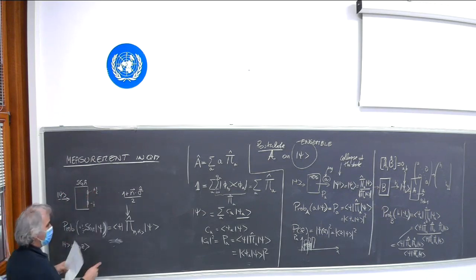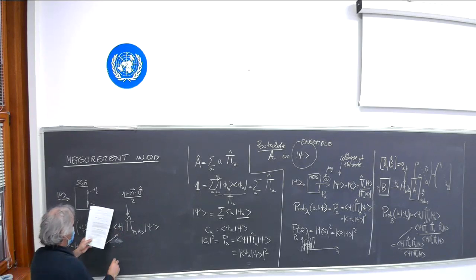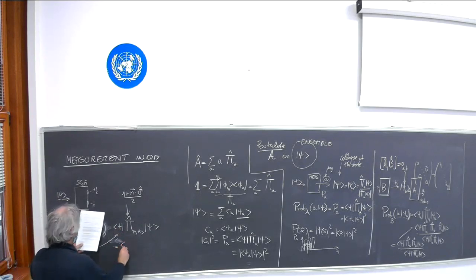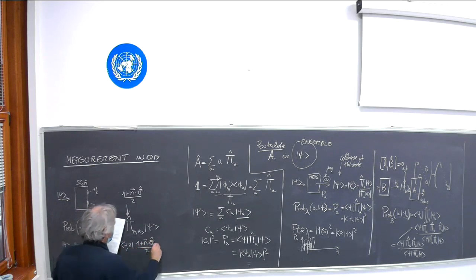Then I should just calculate here the plus Z, 1 plus n dot sigma, Pauli matrices divided by 2, plus Z. Is it clear so far?